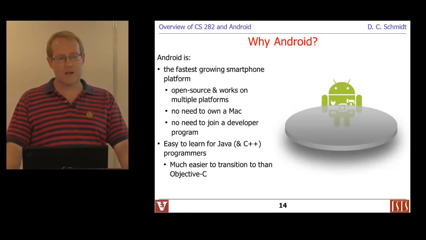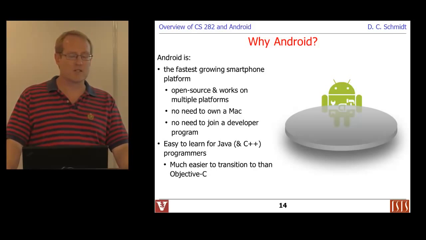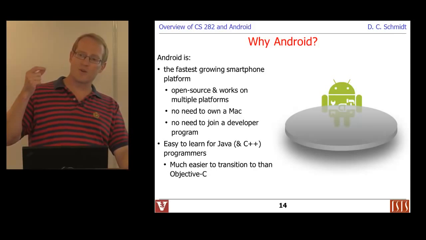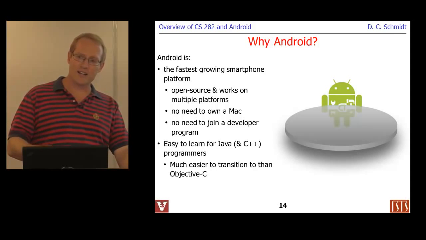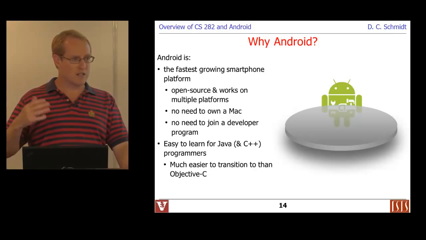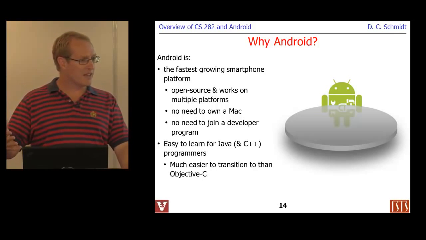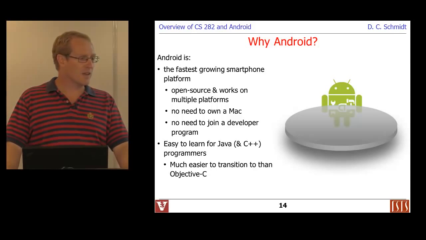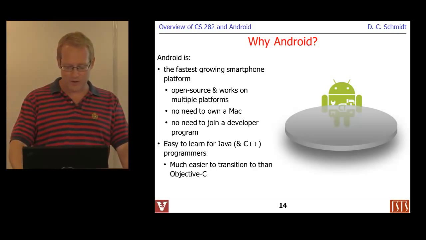It's got template-like support, not as cool as C++ templates, but it has already gotten support for things like lambdas, which is a cool C++11 feature. So the good news is, if you take CS251, especially the versions we're going to start teaching henceforth, you'll get a real good grounding in C++ and C++11. And if you take CS282, you'll get a real good grounding in advanced Java and how you can use it for concurrent and network software.